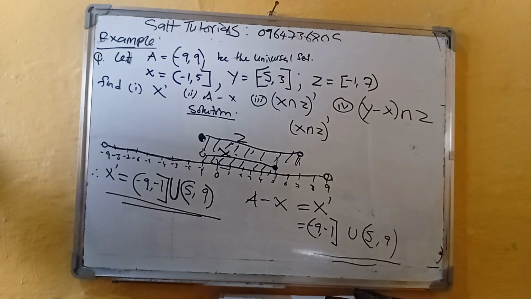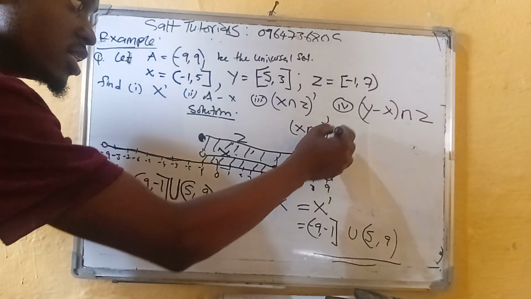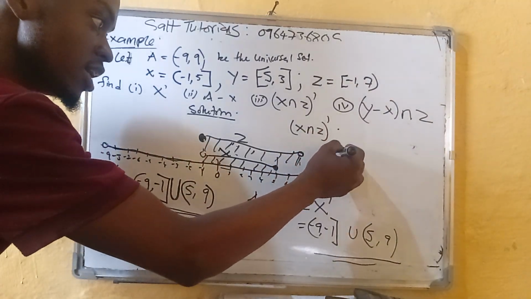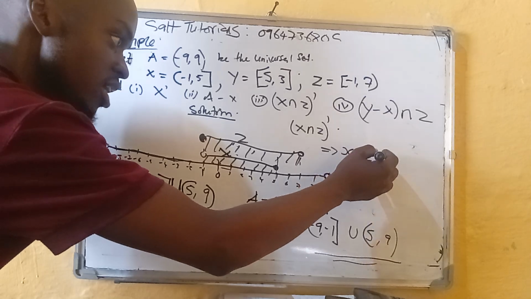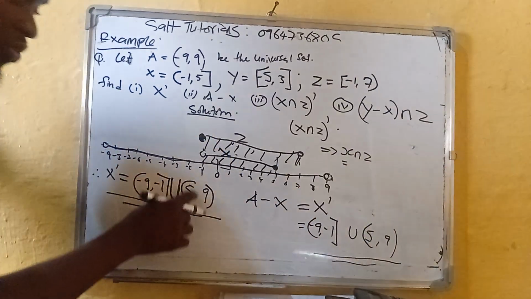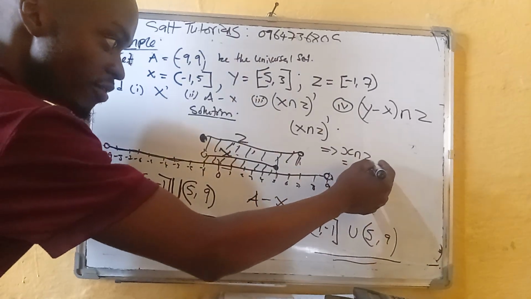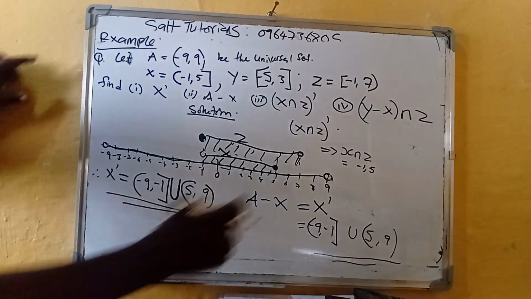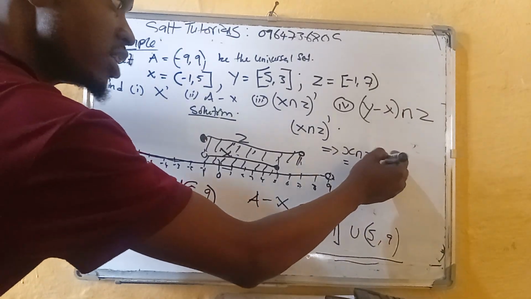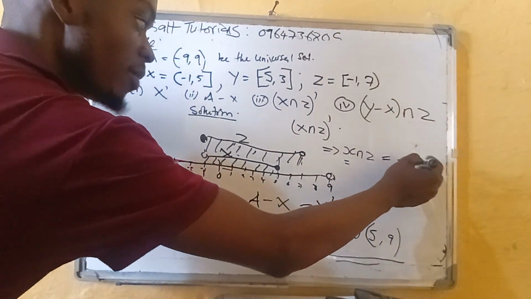This is what I'm looking for. So for me to find this, I have first of all to find X intersection Z, and X intersection Z is from -1 to 5.